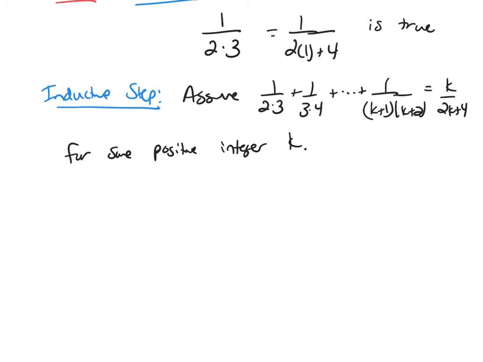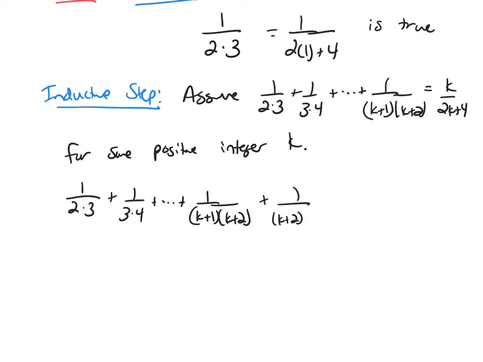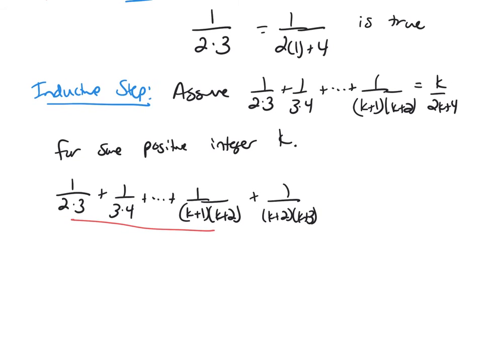So I'm going to go back up to where we were. And we're going to start with the left-hand side of what we need to show. Plus 1 over k plus 1, k plus 2, plus 1 over k plus 2, k plus 3. So for these first few terms, we can use our formula from up here.